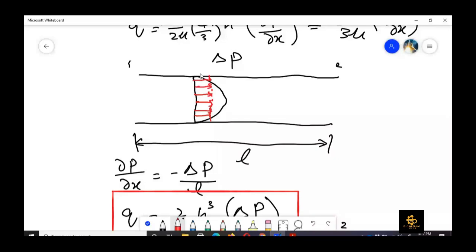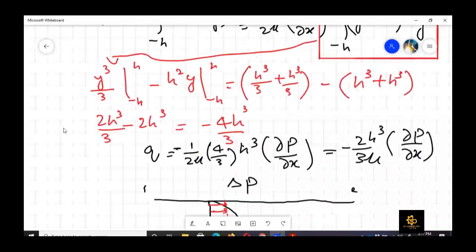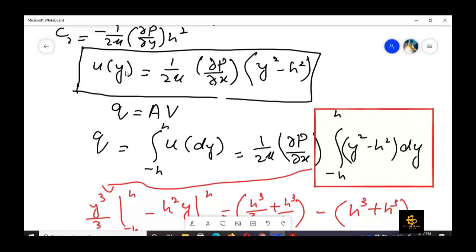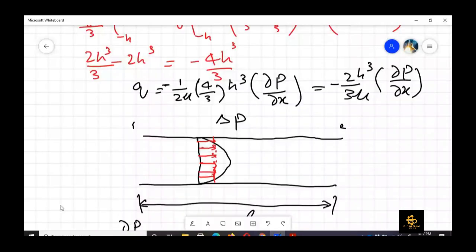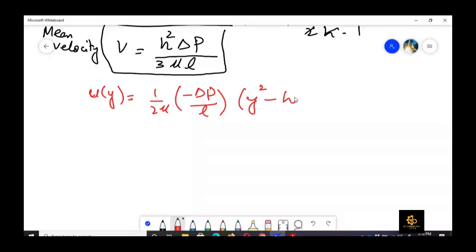So now if we want to calculate the maximum velocity, we need to have this relation with us, which is u of y is equal to 1 upon 2 mu partial p by partial x. We can write here minus delta p by l, and y square minus h square. Let me rewrite that: u of y is equal to 1 upon 2 mu, minus delta p by l, into y square minus h square.